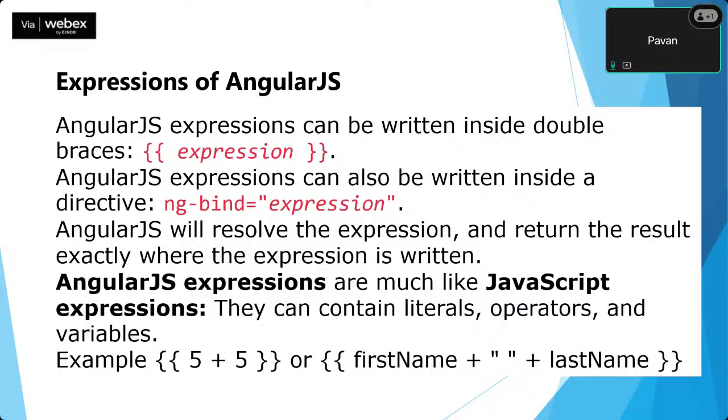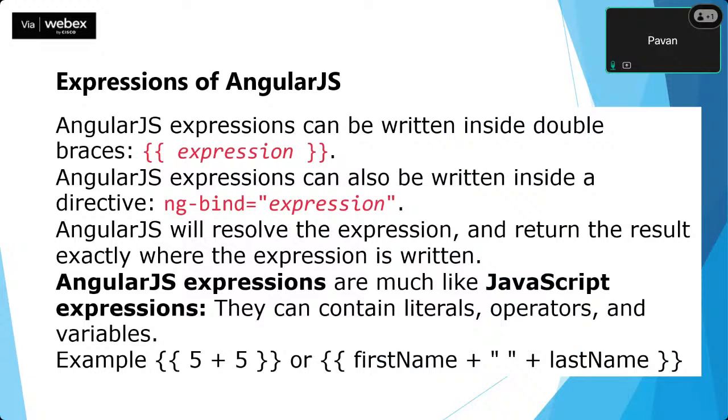For example, in the variable first name we have given Pavan, let's say my name, and in the variable last name we have given my surname, that is Acharya. So while printing, it will print Pavan Acharya instead of first name and last name. Here, first name and last name act as variables. Okay, I hope you understood what I said.